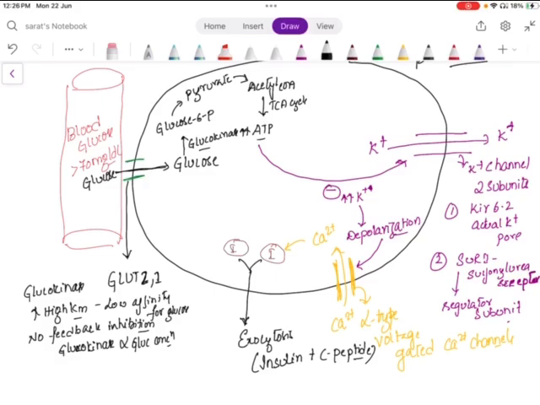There are amplifying pathways also, where other mechanisms will help in insulin release. We have separate receptors called incretin receptors. These incretin receptors are acted on by GI tract hormones.